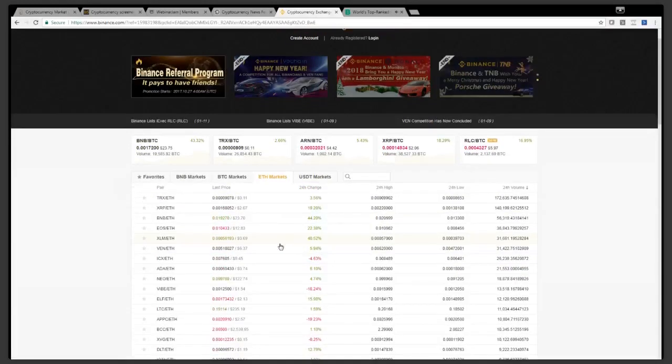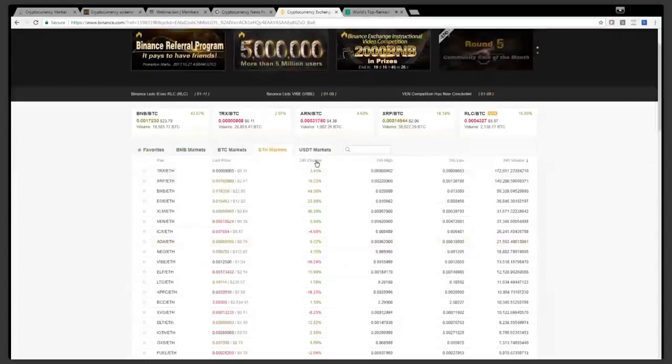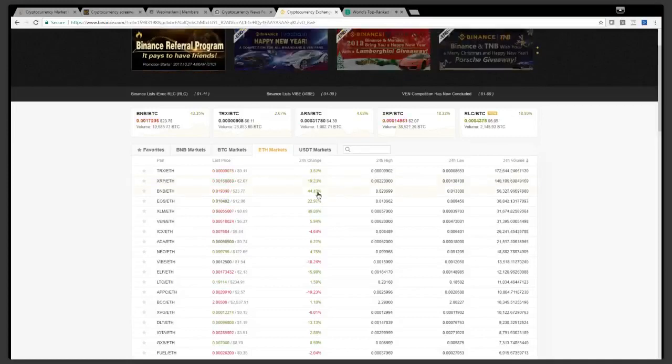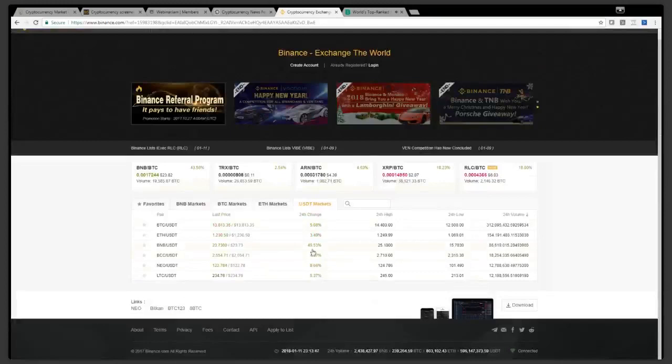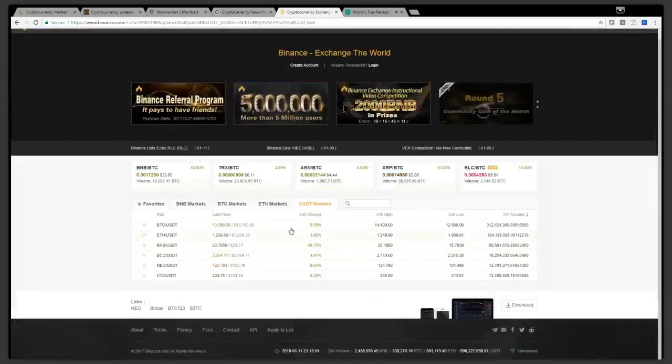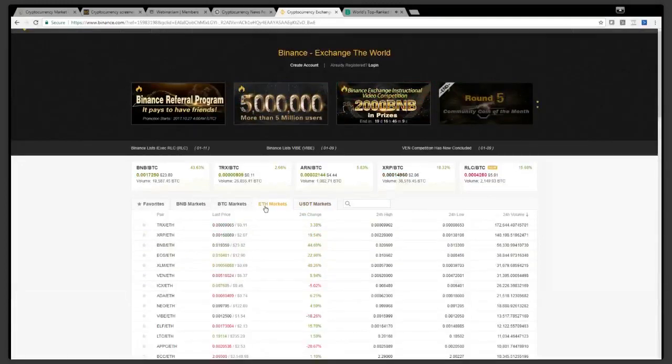For instance, let's take a look at Ripple, 19.23%. Binance is up 44%. Go back to USDT. Remember, Binance was what? It was 50%. Now it's 49%. Go back to ETH markets. So you're 49% against the dollar, 44% against Ether. Go to Bitcoin.